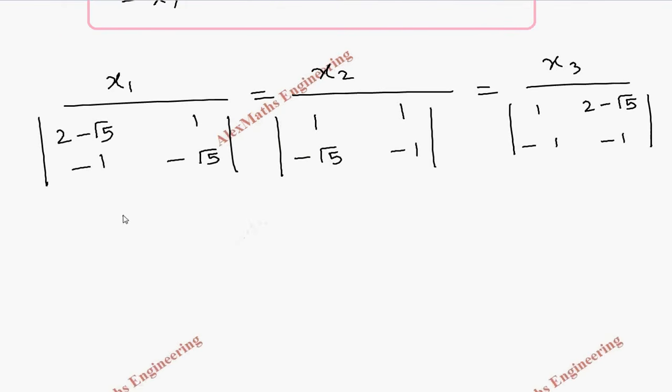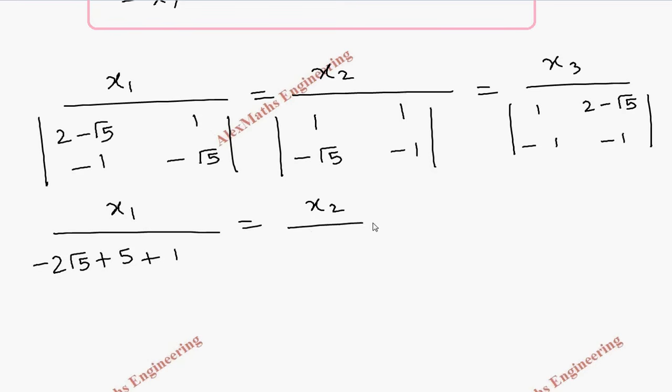Now the first part, x1 by, we multiply these two, so minus 2 root 5 plus root 5 into root 5 is 5, minus or minus plus 1. Then the second part is minus 1 plus root 5. And the third part is minus 1, when I multiply this it will become plus, so plus 2 minus root 5.